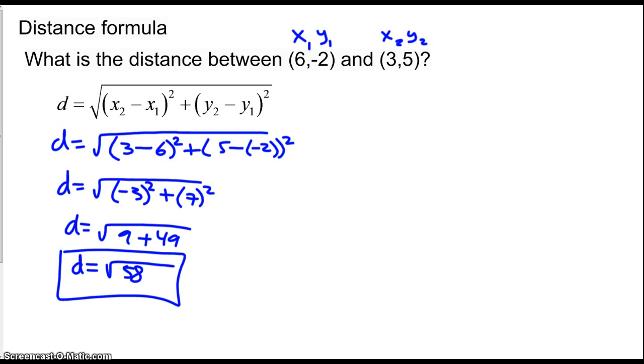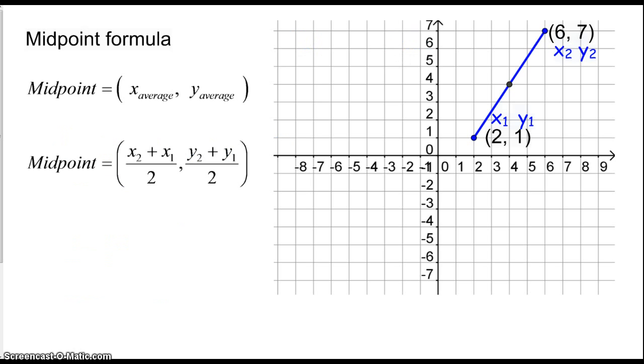All right, one last formula to talk about along these lines, the midpoint formula. It almost is the same thing. The midpoint formula, though, instead of finding a distance, says you already have a line segment that's connected by 2 points, and we have the coordinates of the endpoints, and we want to know the coordinates of the middle point. So if you think about it, the point in the middle here has some x value and a y value.